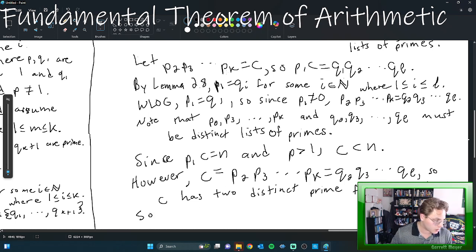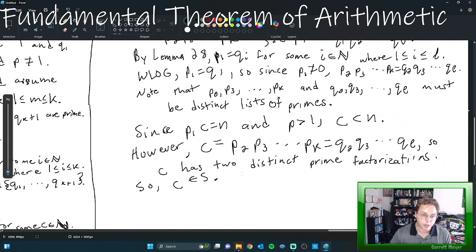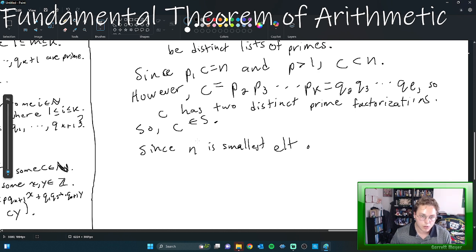So c is contained by S, because S is just the set of all natural numbers with two distinct prime factorizations, or at least two distinct prime factorizations. Since n is the smallest element, this means that n has to be less than or equal to c.